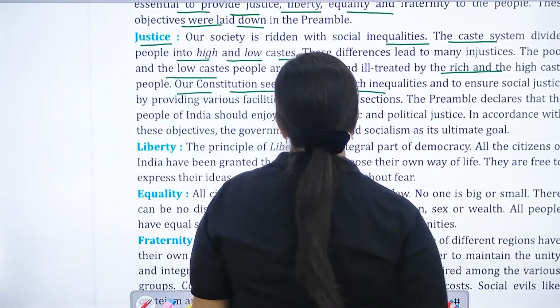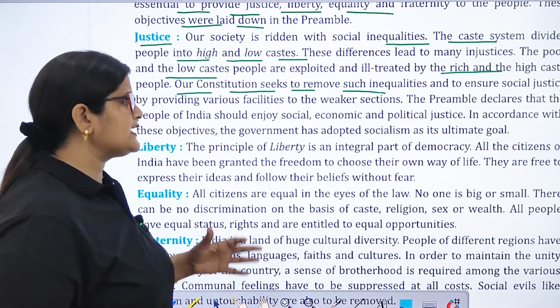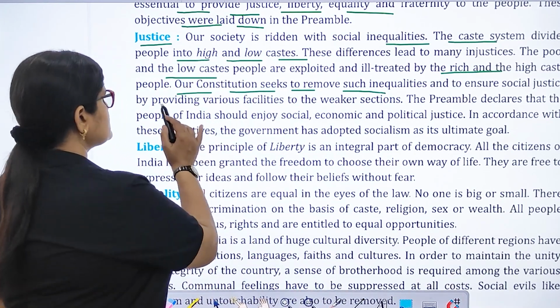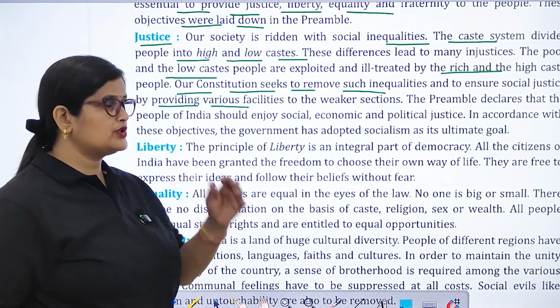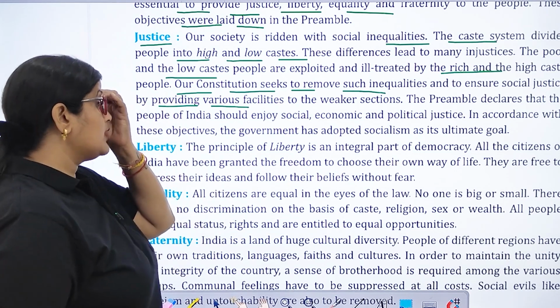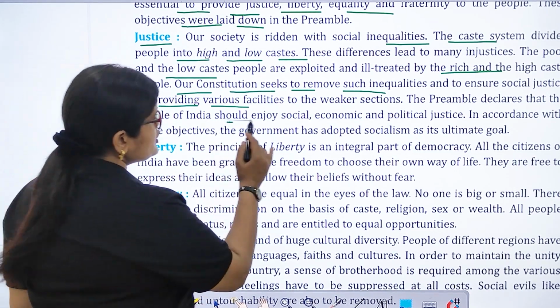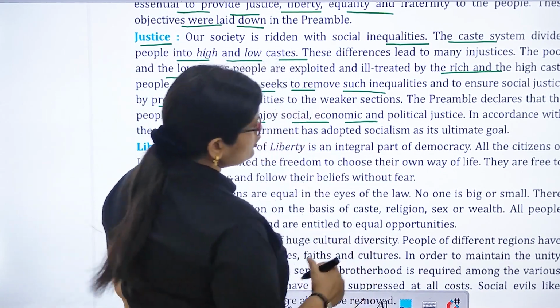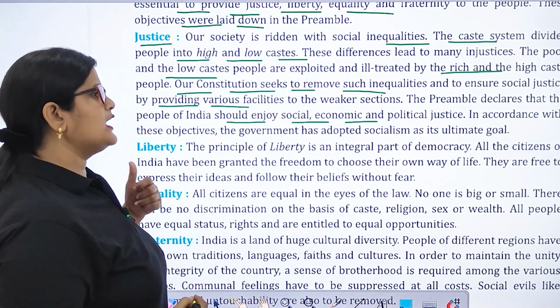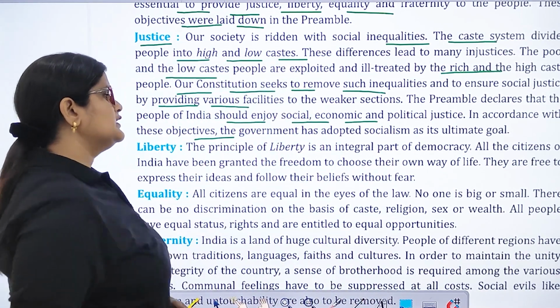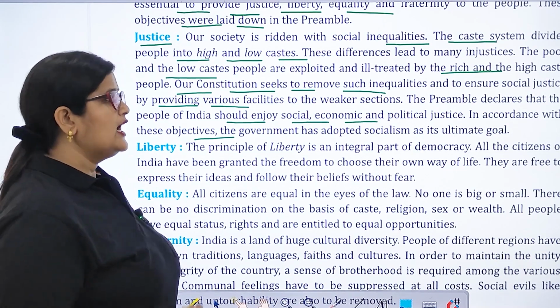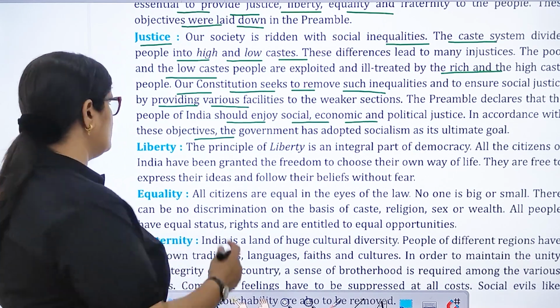Our Constitution seeks to remove such inequalities and to ensure social justice by providing various facilities to the weaker sections. So the preamble declares that the people of India should enjoy social, economic, and political justice. In accordance with these objectives, the government has adopted socialism as its ultimate goal.